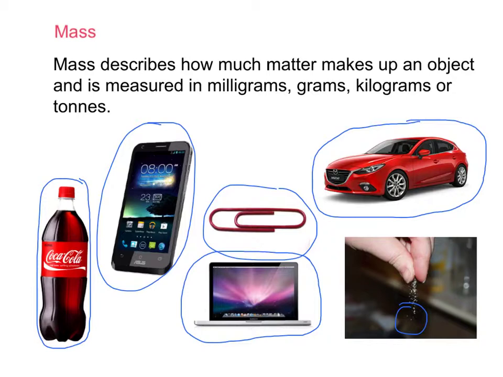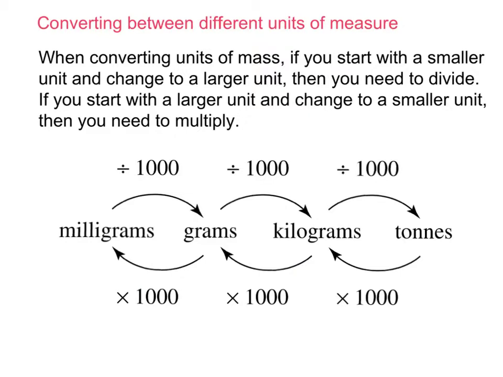Okay, let's move on. When we're converting between different units of measure, you need to write this as a heading, guys, and write this definition underneath it. When converting units of mass, if you start with the smaller unit and change to a larger unit, so if you have milligrams and you change up to grams, you need to divide.